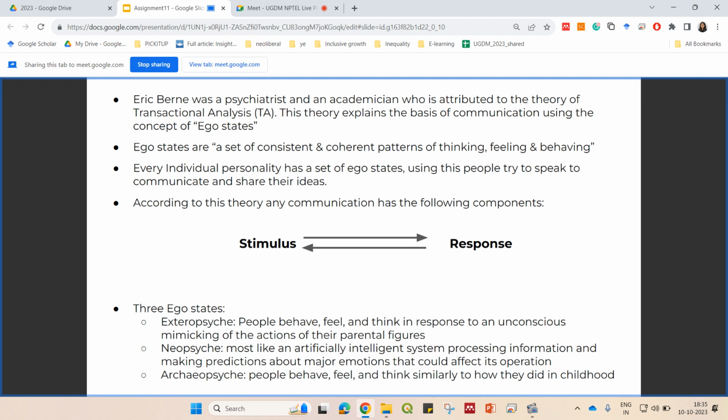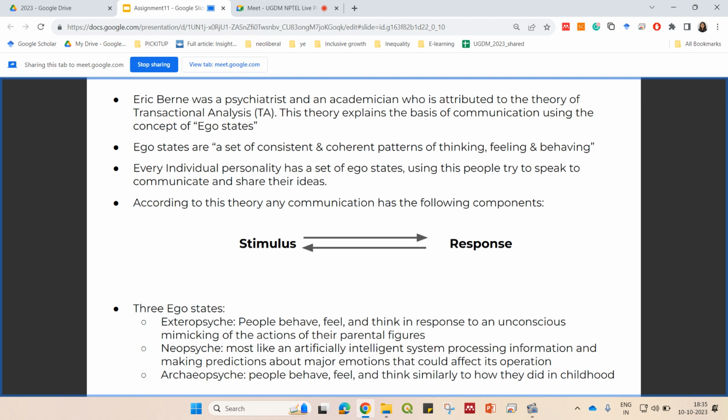You are taking the information, you are processing that information, and based on that, you are making predictions about the people surrounding you, how your communication will affect them, will it be taken positively, will it be taken negatively, and based on that you are changing and manipulating the way in which you converse or communicate your ideas or your feelings, or the way in which you behave. So this is called neopsyche or adult.